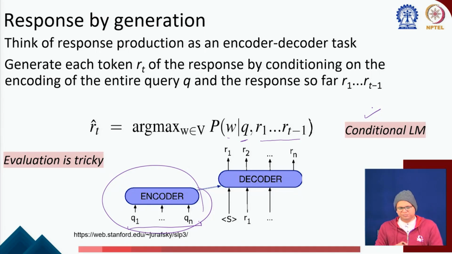conditional language model. Now, the evaluation here is a bit more tricky than the previous two paradigms, because you may not have a single valid response all the time. You can say hello, you can say welcome. I mean, there are many ways you can respond in a dialogue. Now, how do you know which one is the correct one?